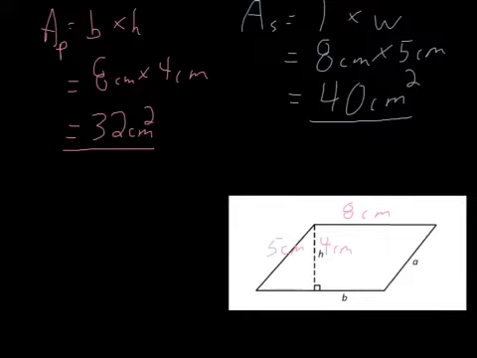Now we could have done the same thing if we had gone and drawn, so this would have been about the size of the square, but if we had just moved the triangle over.